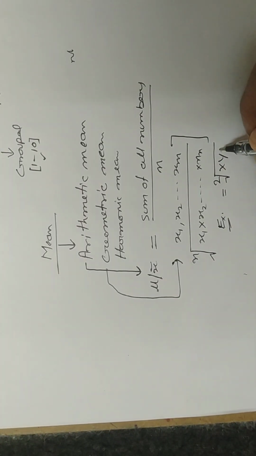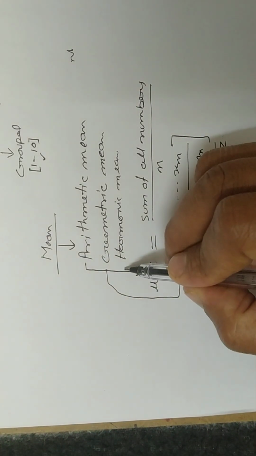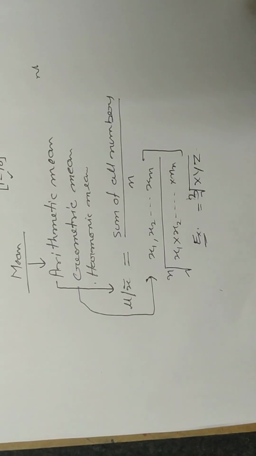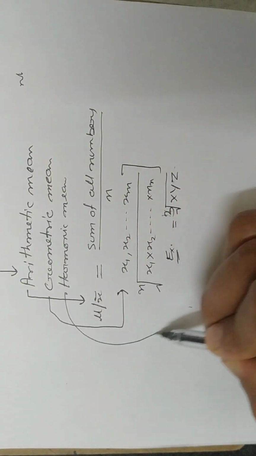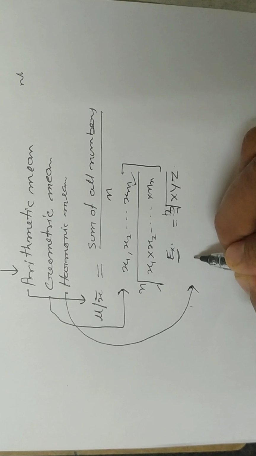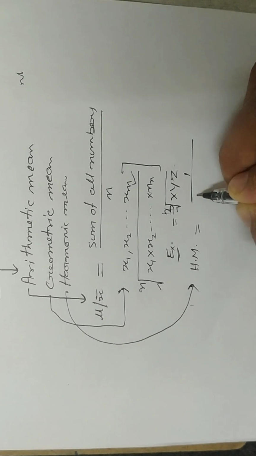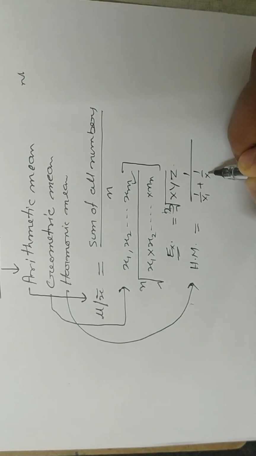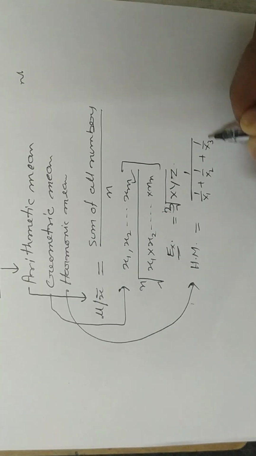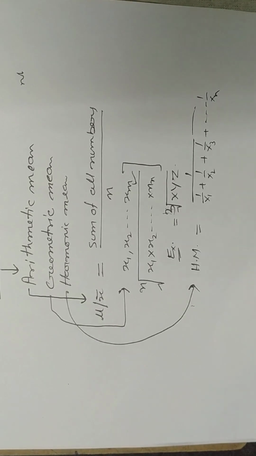For three numbers x, y, z, this is the geometric mean of three numbers. For four numbers, this converts into 4. It is very easy. Similarly, the harmonic mean. Suppose we have n numbers, then the harmonic mean is n divided by 1 upon x1, 1 upon x2, 1 upon x3, and so on, 1 upon xn. This is the harmonic mean.